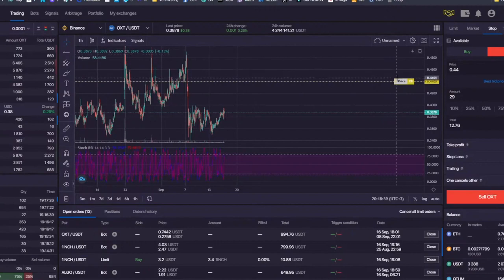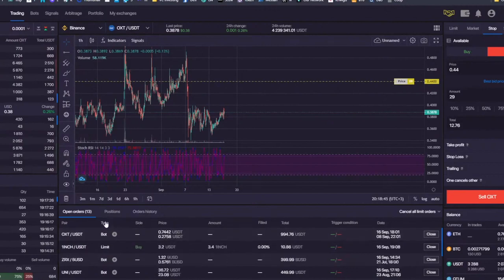The stop order is honestly like my favorite one, because that's the order that you really need when you anticipate a certain price movement, like a crazy price movement, and you don't want to skip it.